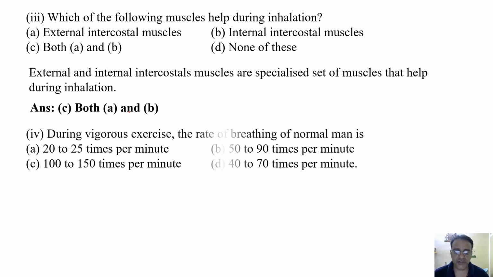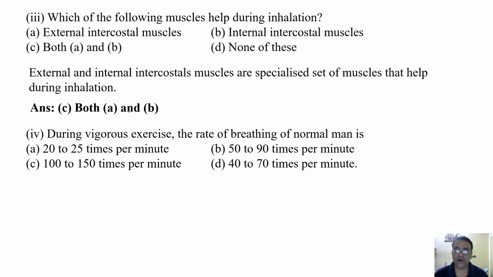Now the next question, during vigorous exercise, the rate of breathing of normal man is 20 to 25 times per minute, 50 to 90 times per minute, 100 to 150 times per minute, 40 to 70 times per minute. So actually rate of breathing बढ़ता है कि कम होता है? जब बहुत ज़्यादा एक्सरसाइज करते हैं तो बढ़ता है. So rate of breathing increases during vigorous exercise.